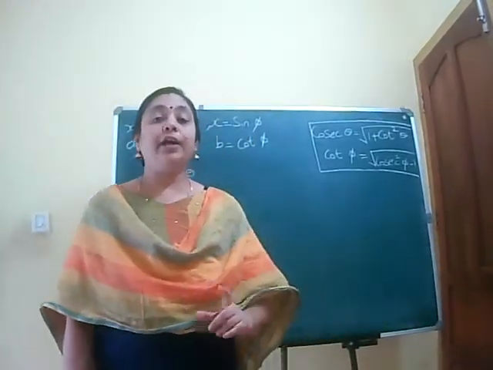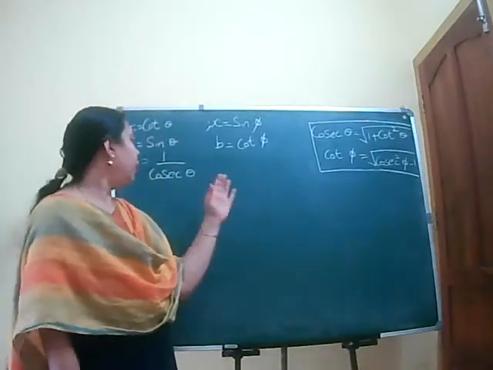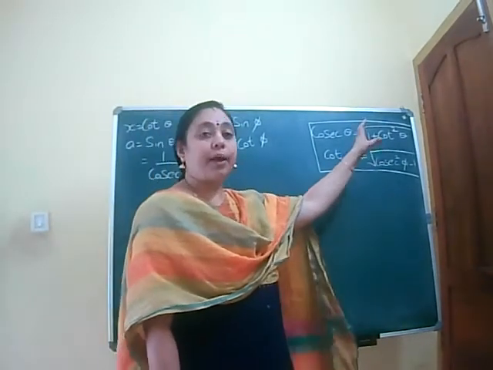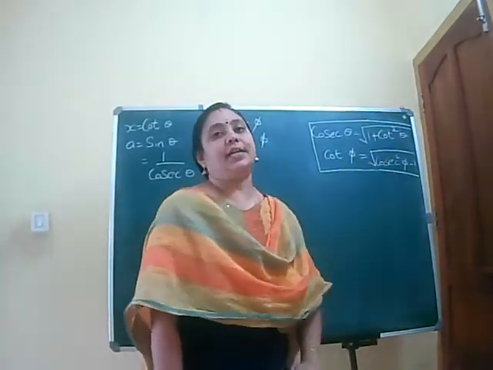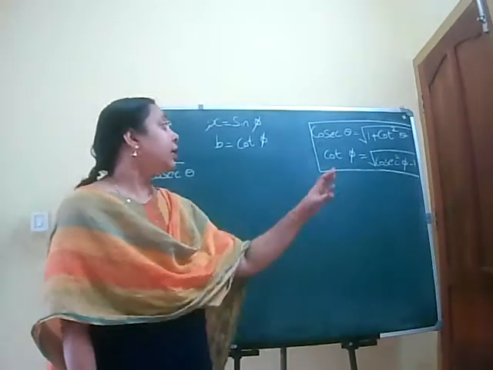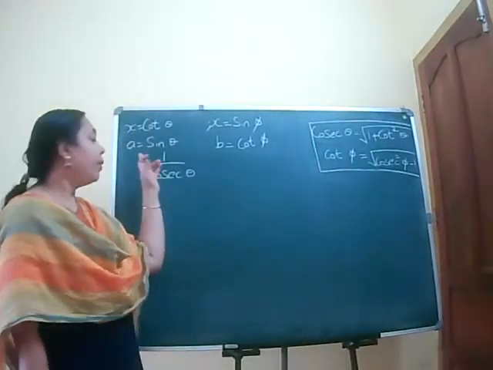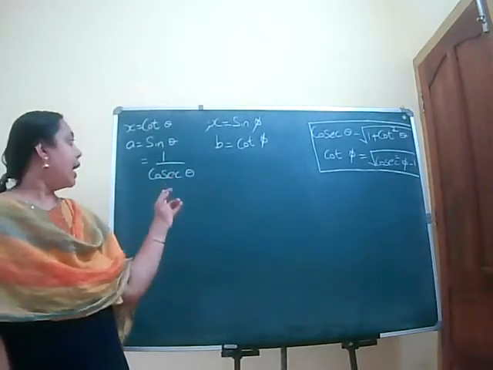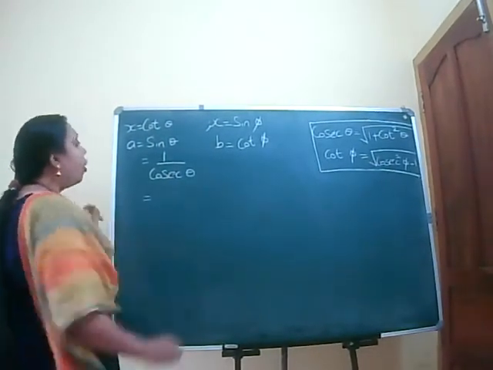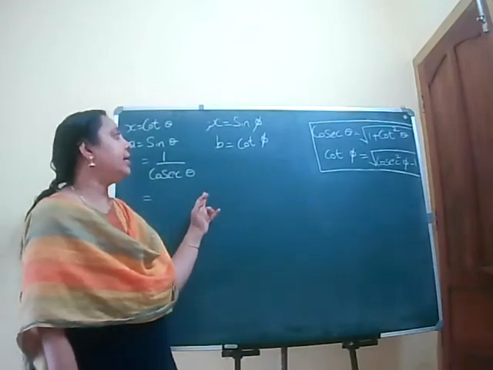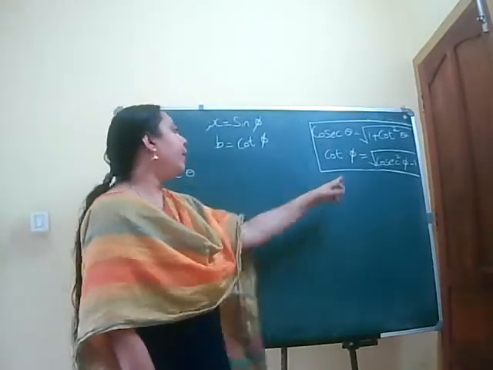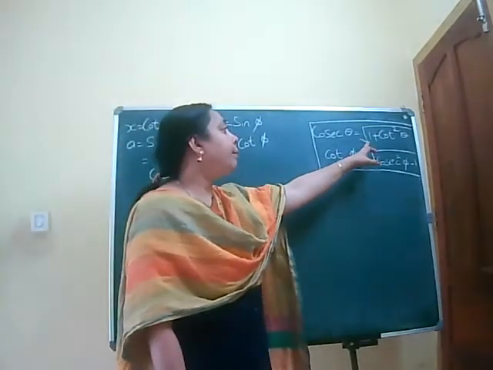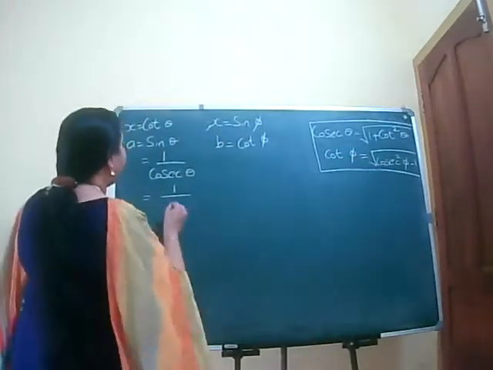Now we have reduced expressions for cosec theta and cot phi from our basic identity. Now substitute these expressions for A and B. That is, A becomes 1 by cosec theta, which becomes 1 by square root of 1 plus cot square theta.